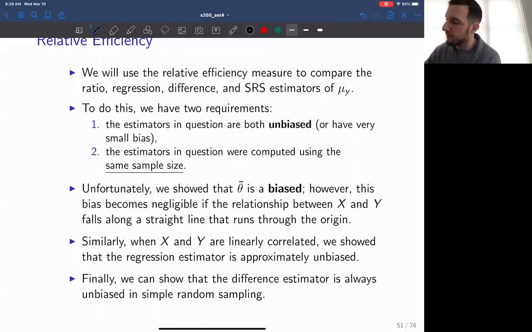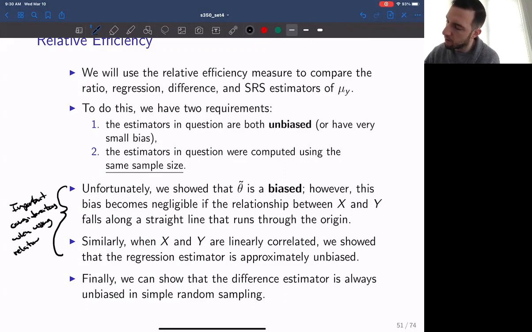Okay, so these are important considerations when utilizing the relative efficiency to compare mu tilde ratio and mu tilde regression. I don't know why I wrote this sideways. Okay, so these are 2 points that we want to keep in mind.